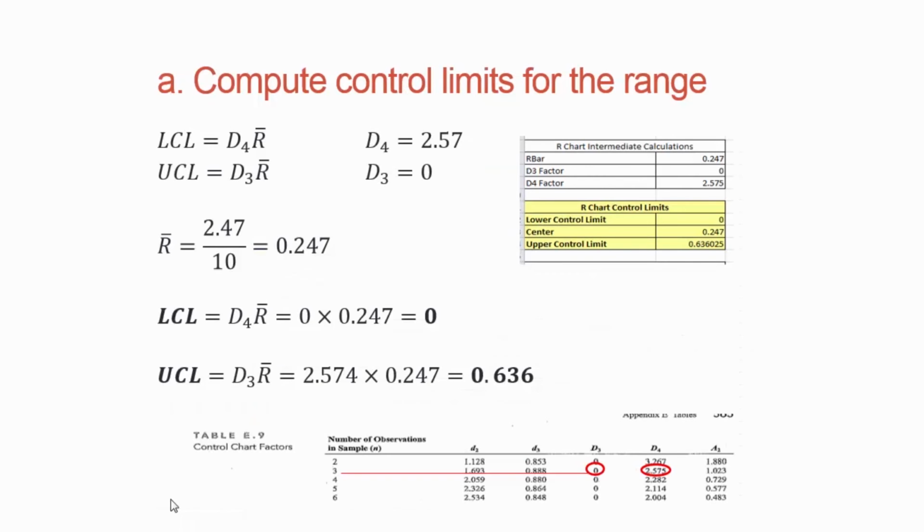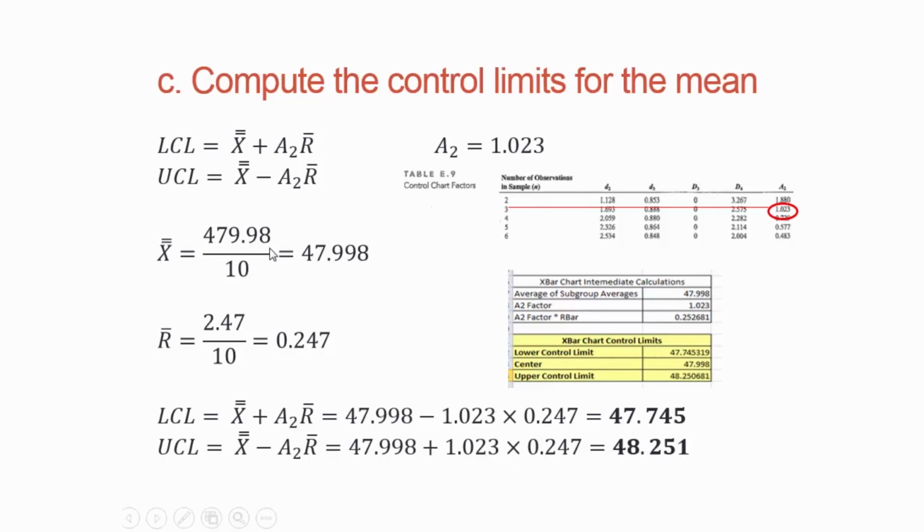And so we end up with 479.98 divided by 10. And again, if you do it with PHStat, you can also find the average of the subgroup averages. So this is the sum, and then the average of the subgroup averages. The sum was 479.98 divided by 10 days gives us that figure.